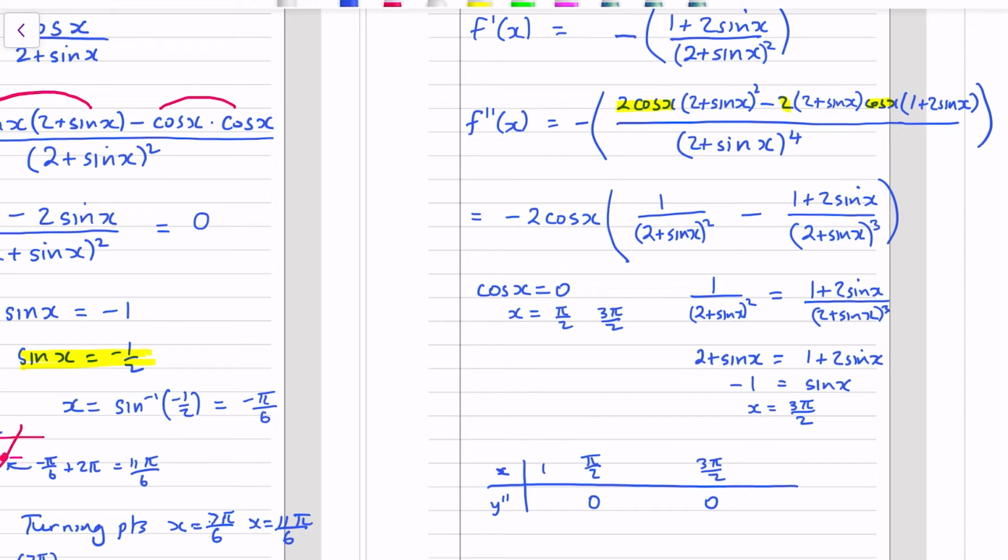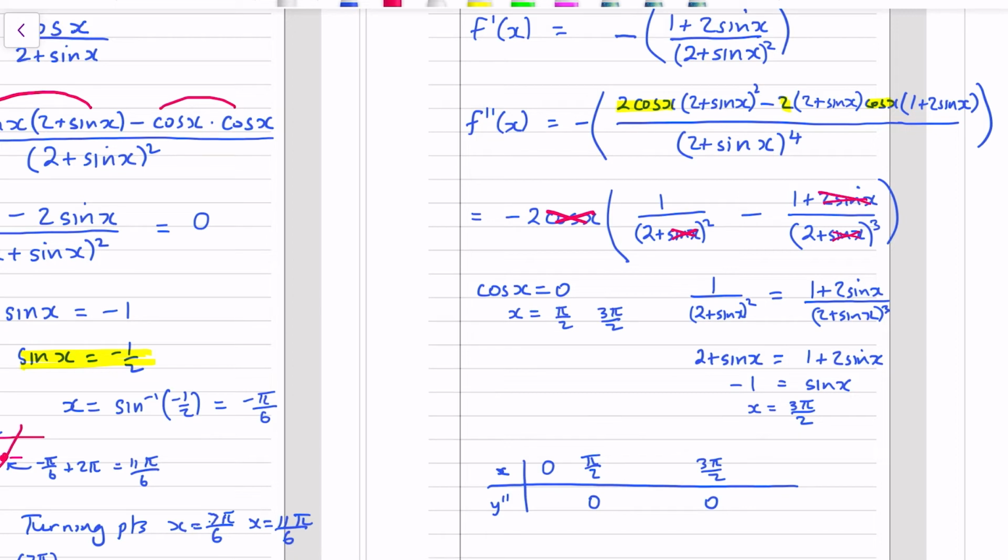So I could say when x equals 0, the second derivative, cosine of 0 is 1, so that term becomes 1. Sine x is 0, so that term disappears completely.